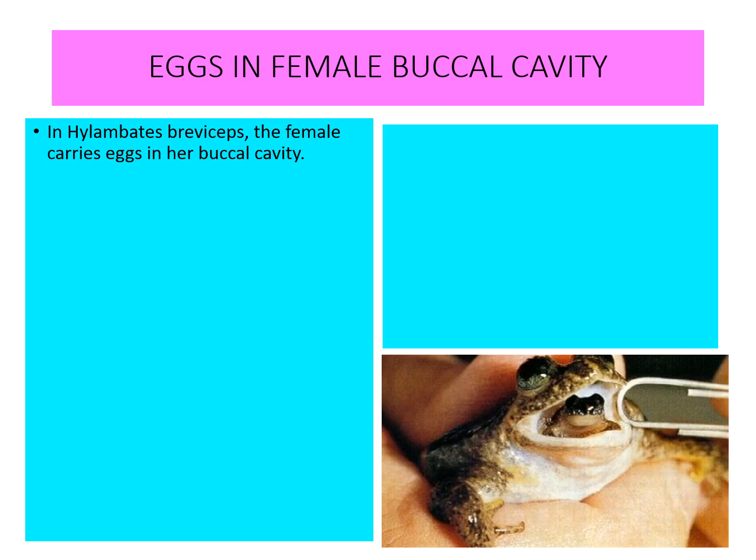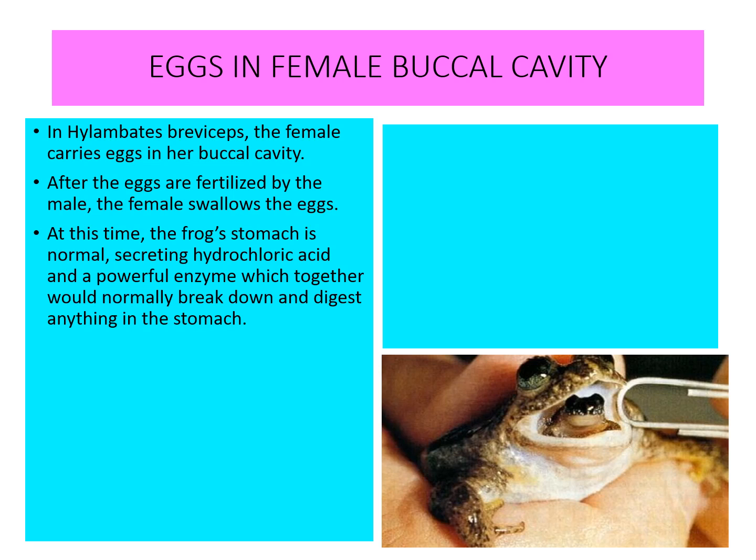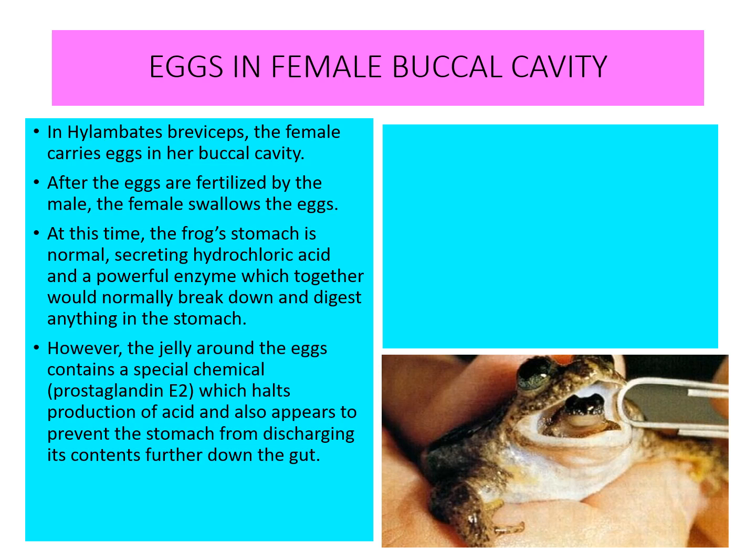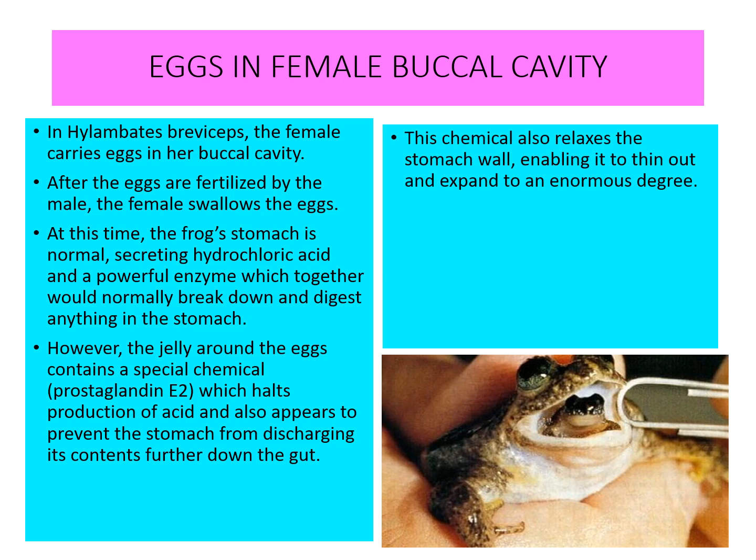Another example of female parental care. In Rheobatrachus, the female carries eggs in her buccal cavity. After the eggs are fertilized by the male, the female swallows the eggs. At this time, the female's stomach is normal, secreting HCl and powerful enzymes, which together would normally break down and digest anything in the stomach. But the jelly around the eggs contains a special chemical known as prostaglandin E2, which halts the production of acid and also appears to prevent the stomach from discharging its contents further down the gut.